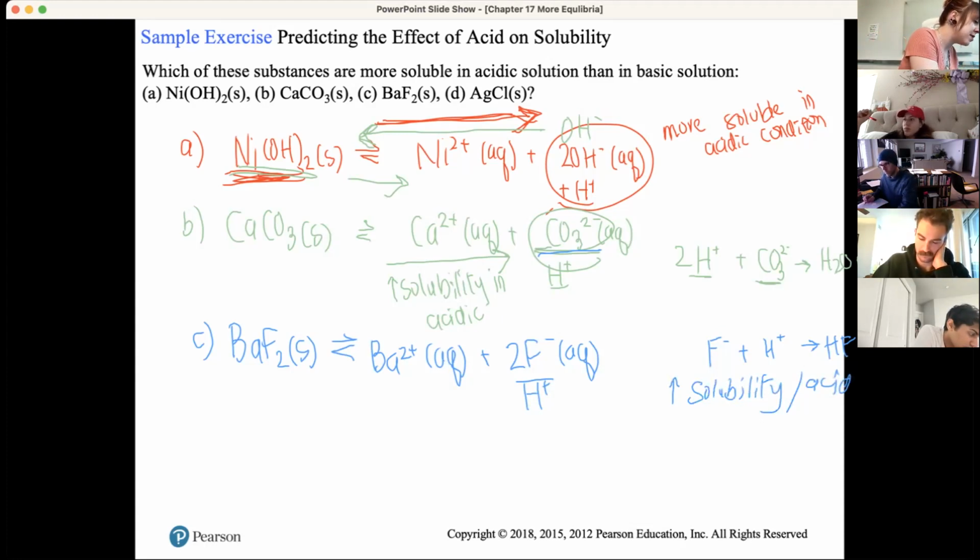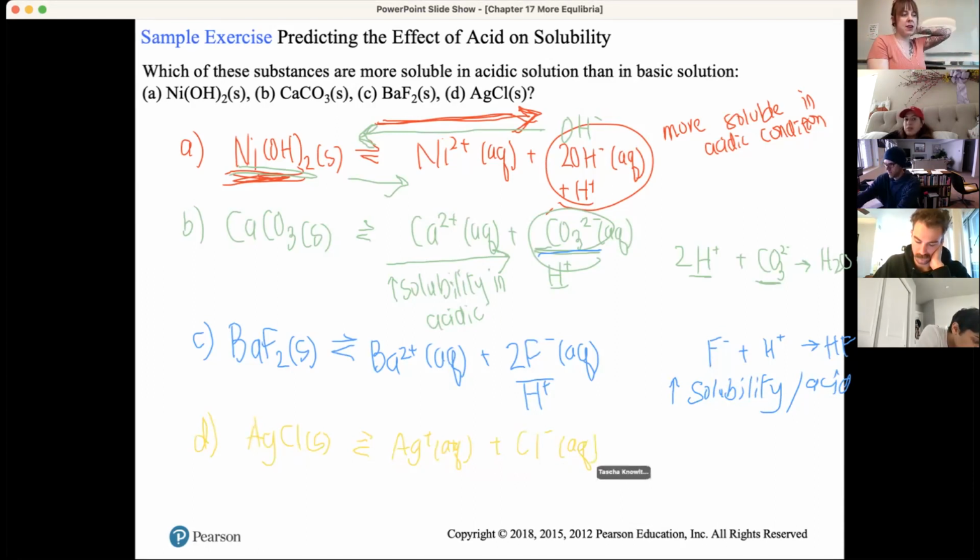Okay, now last one. Silver chloride. So it goes to silver ions, aqueous, plus chloride ions. Now, is chloride a conjugate base of a weak acid? What kind of acid is HCl?